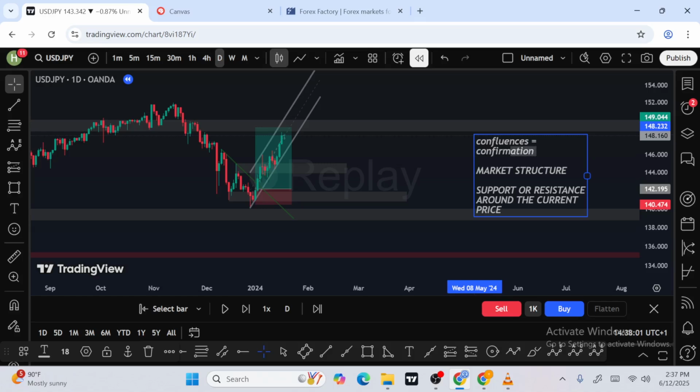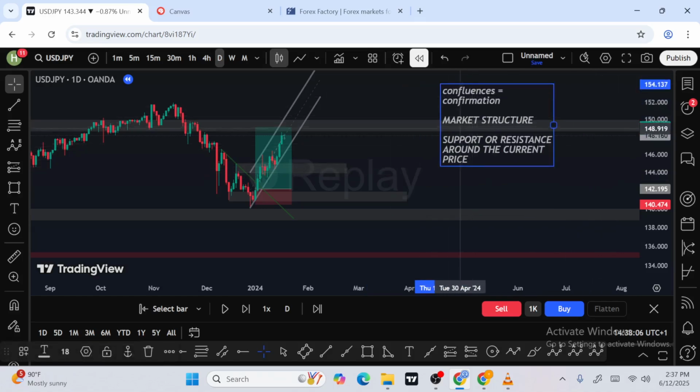Are you getting this confluence now? The first thing you are determining is your market structure. The second one is that at your current price, is there a support or resistance around it? So you don't forget, you've drawn your support, so you now start looking at the current price. This one is acting as a support. Are you getting it now?